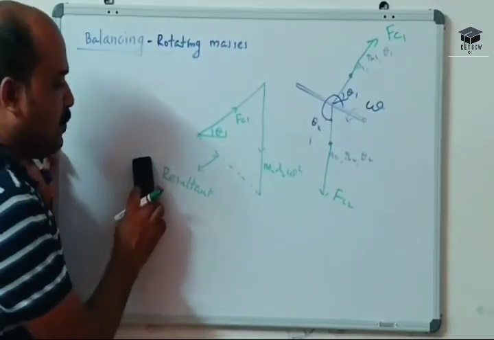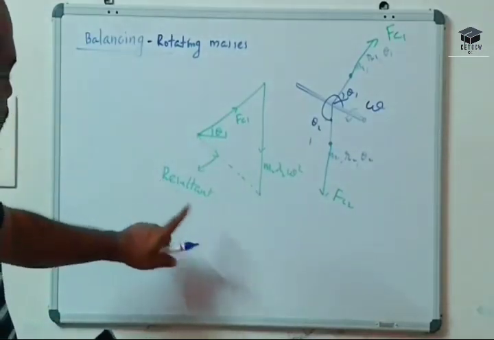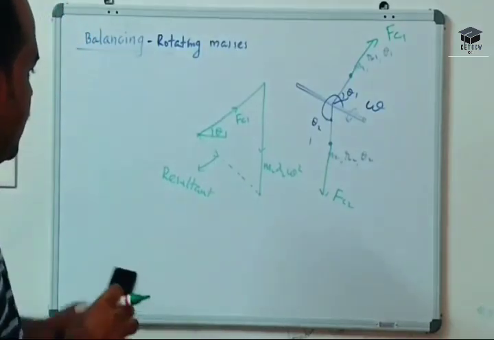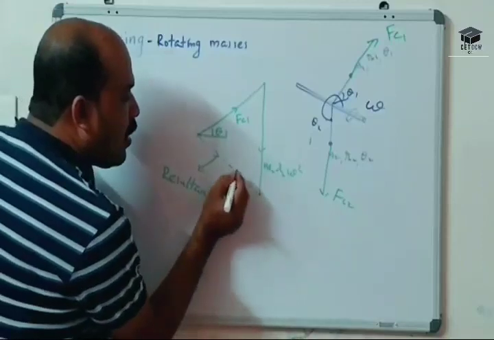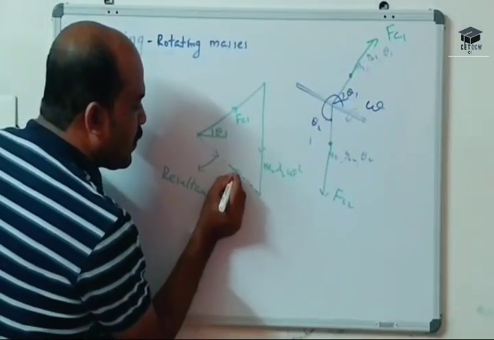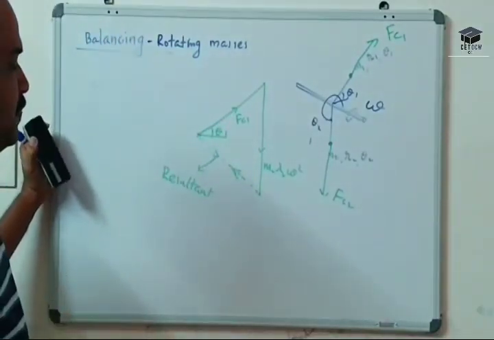Now, how can we minimize or cancel this resultant? To cancel the resultant, you have to add another mass which can produce the same centrifugal force in the opposite direction.